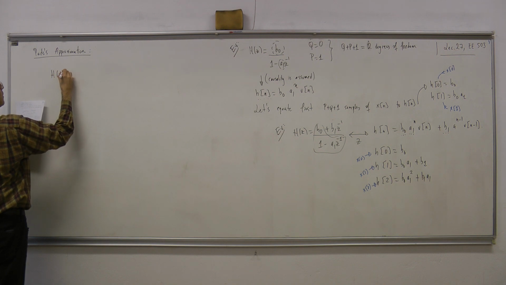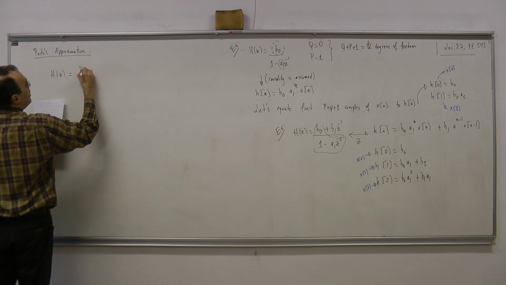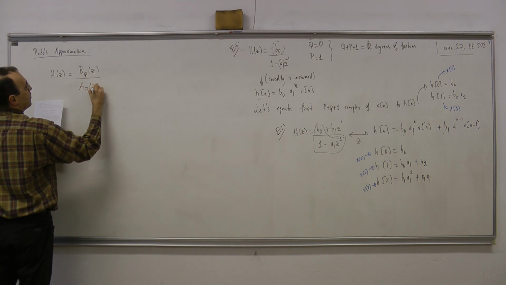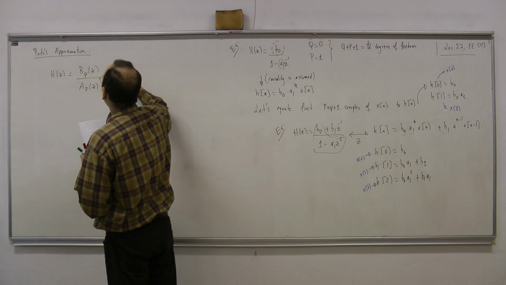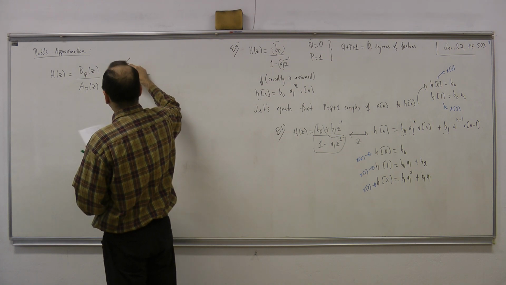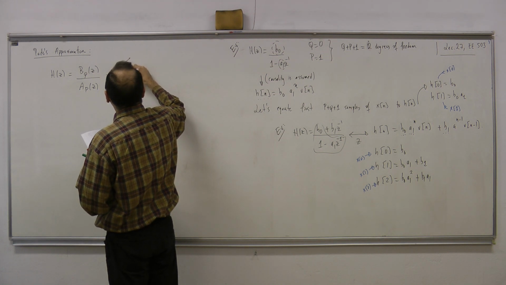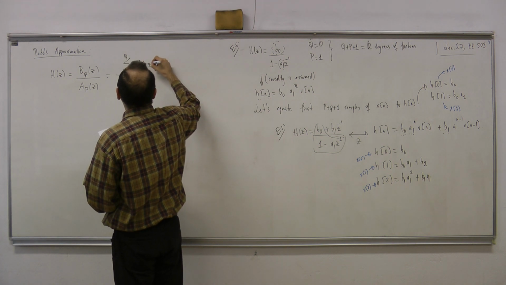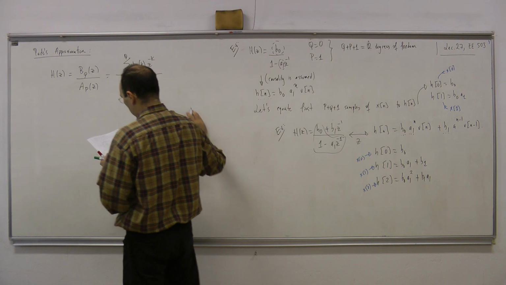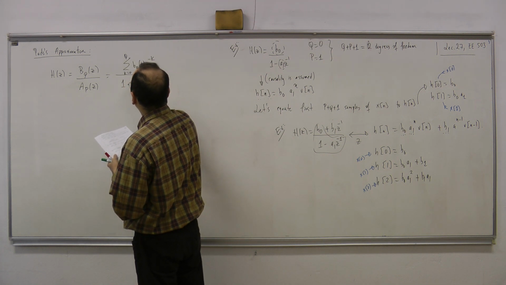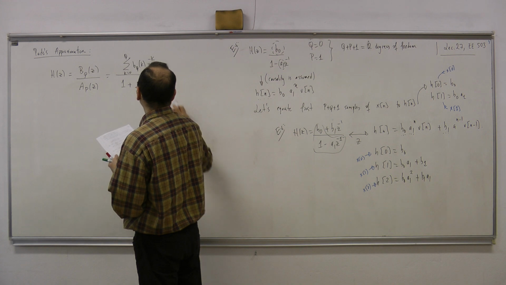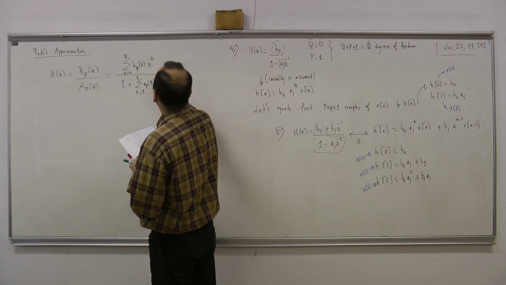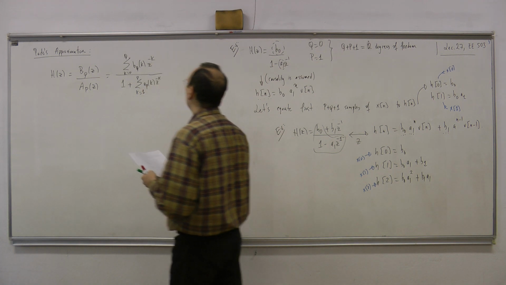H of z is B_Q of z divided by A_P of z. Let me define B_Q as the summation, k from 0 to Q, b_Q of k, z to the power minus k. And I have A_P as 1 plus the summation, k from 1 to P, a_P of k, z to the minus k.